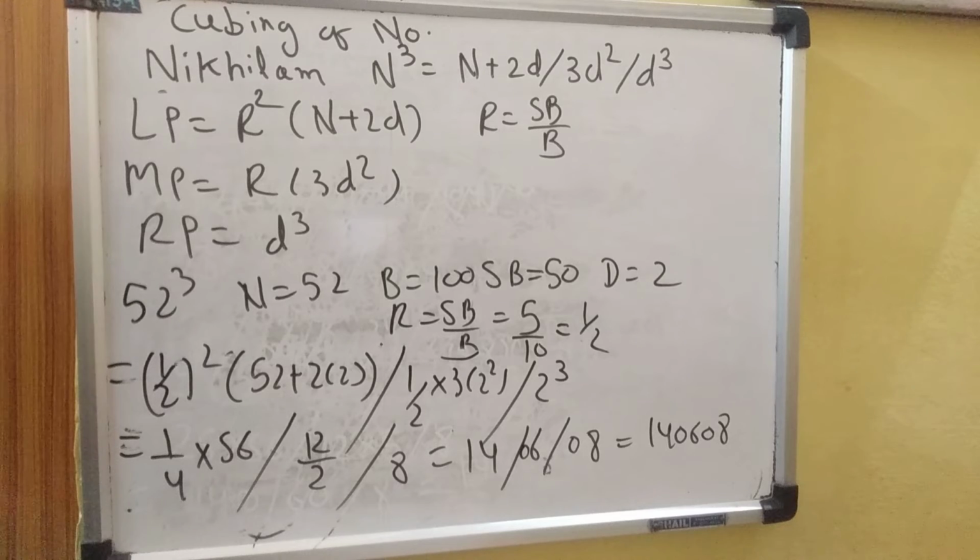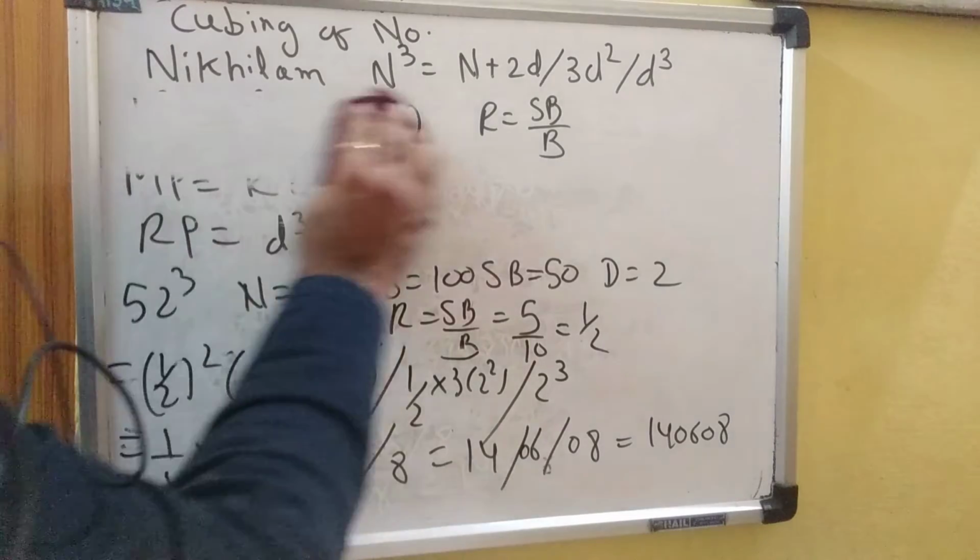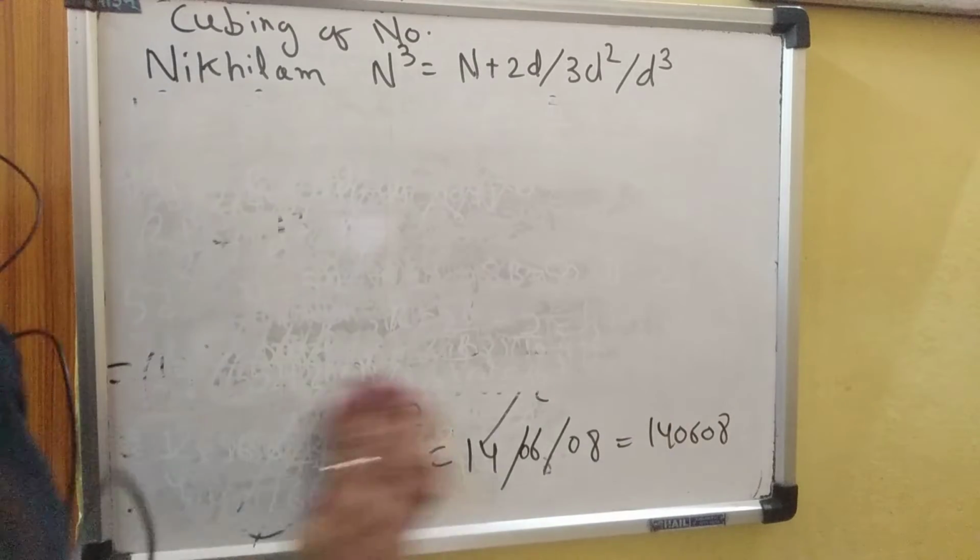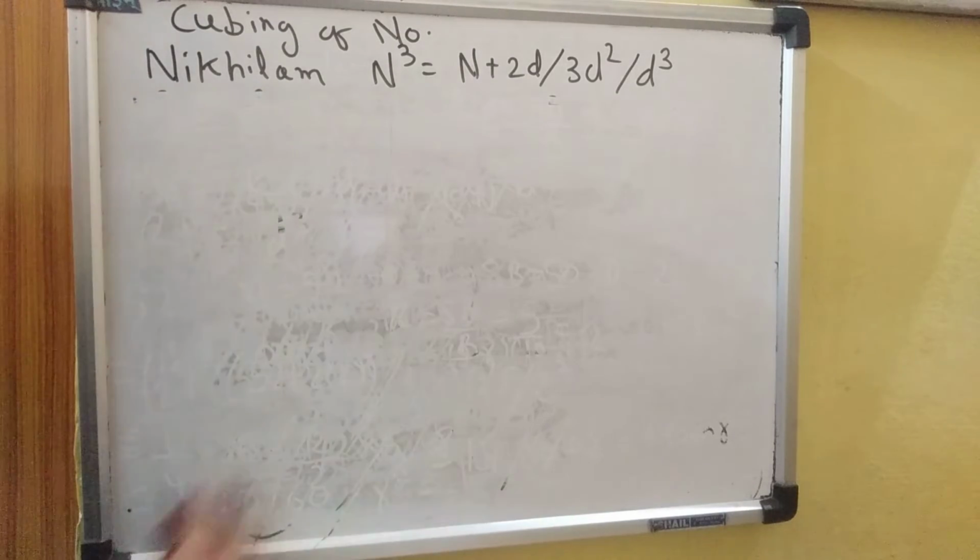Now we take one example to find the cube of a number which is close to sub-base and below sub-base. We take example, say 1997 cube. 1997 is close to base 2000.